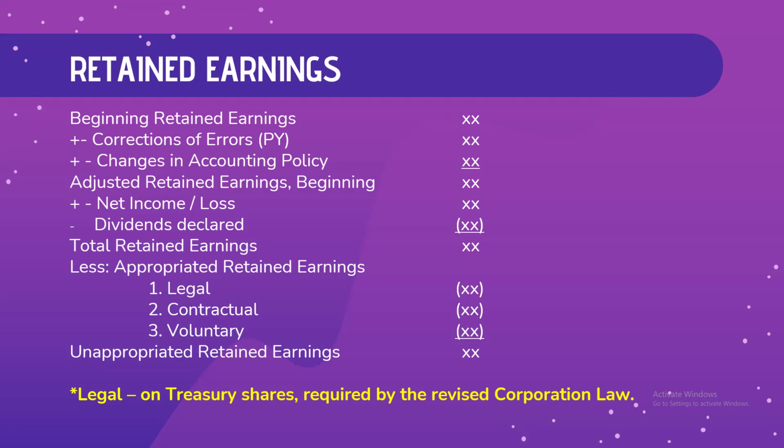So we have to deduct that from the total retained earnings to come up with the unappropriated retained earnings. When we say unappropriated retained earnings, these are the residual balance that's available to pay off dividends.